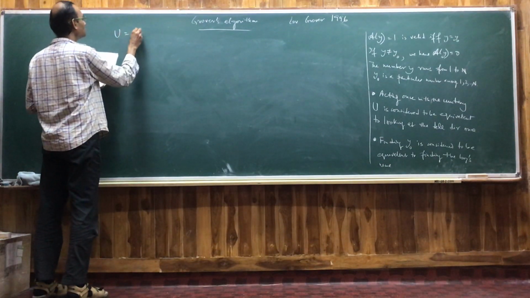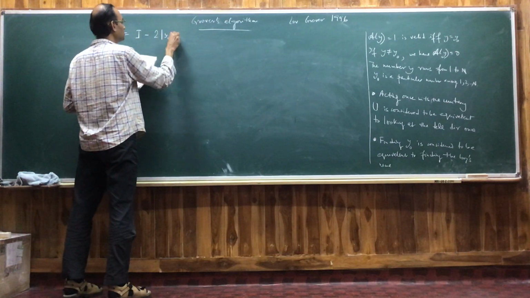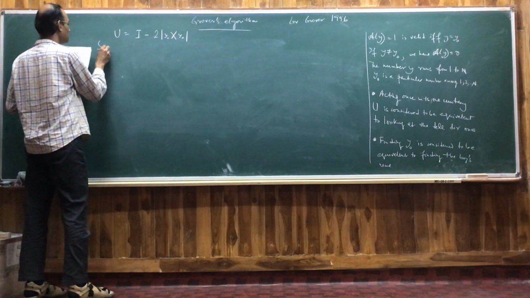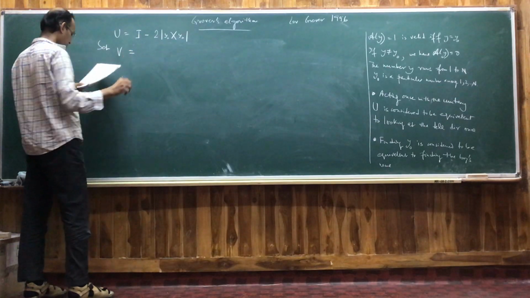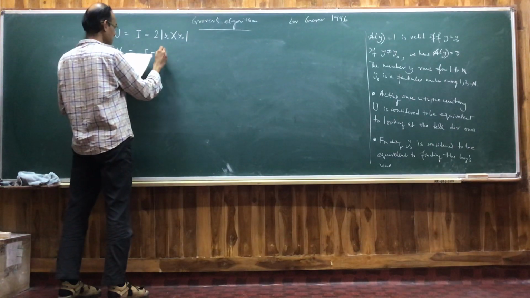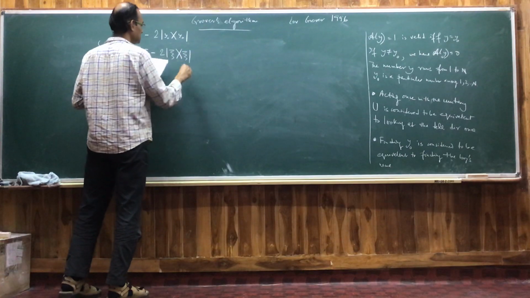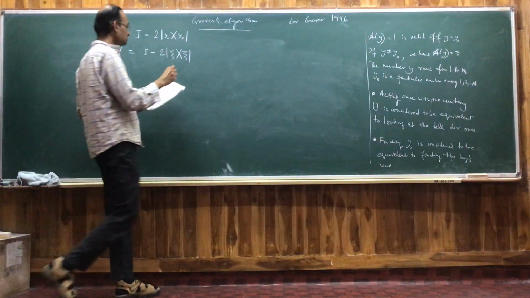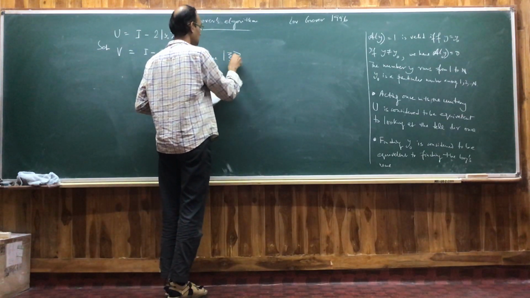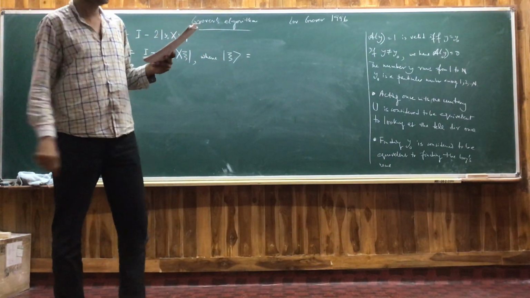So this U was, as we already wrote, identity minus twice y naught. Now set another operator V that is identity minus twice xi, where xi is the sum of all the y's.